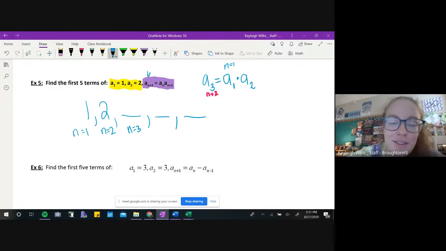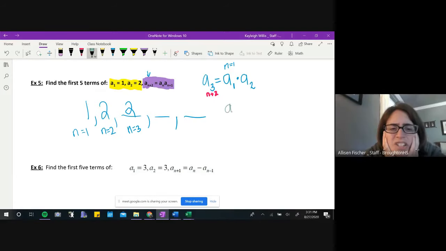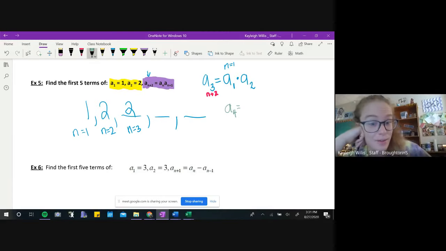So to get the third term, it's telling me I have to multiply a1 times a2, which equals 2 again. That's something. So let's figure out how to get the fourth term. Do you just multiply? Because the rule said multiply. Yes, I think we do. But what are we going to be multiplying together?